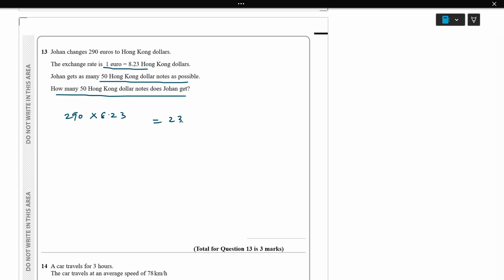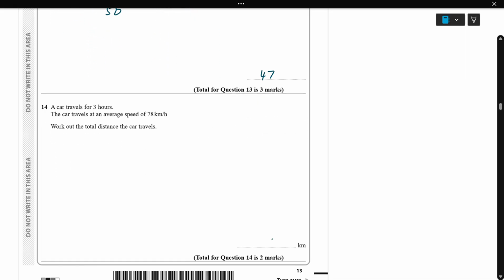The answer is 2386.70. Now how many 50s? We need to divide by 50. 2386.70 divided by 50 is 47.734. So we'll get only 47, a maximum of 47 50 notes.